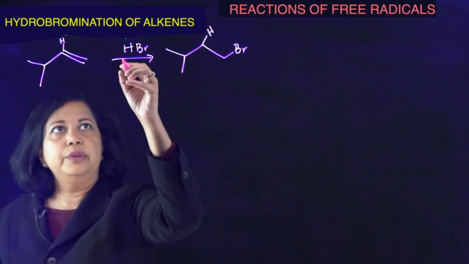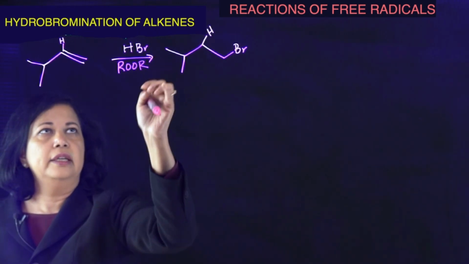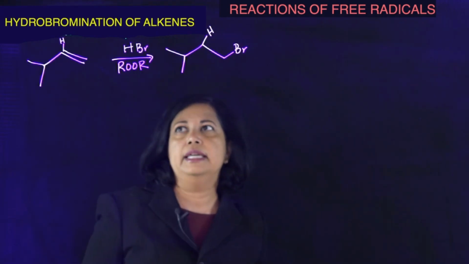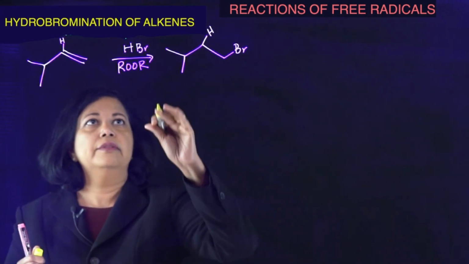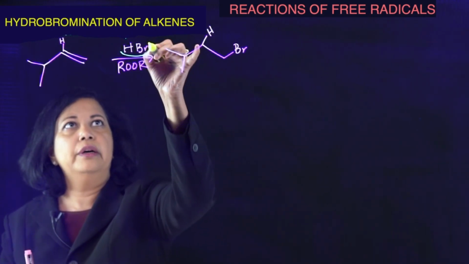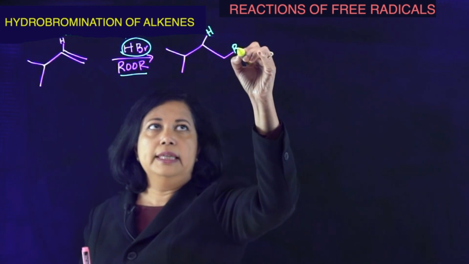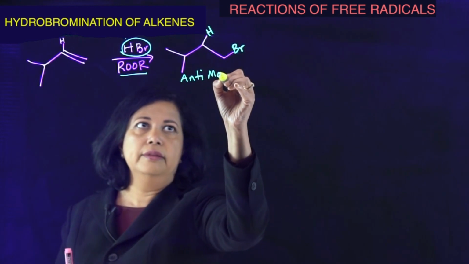For this you need a special reagent, which is a peroxide. If you don't have the peroxide, it's going to do Markovnikov. With HBr and peroxide, you're going to put the bromine on the less substituted carbon. So this is anti-Markovnikov addition.